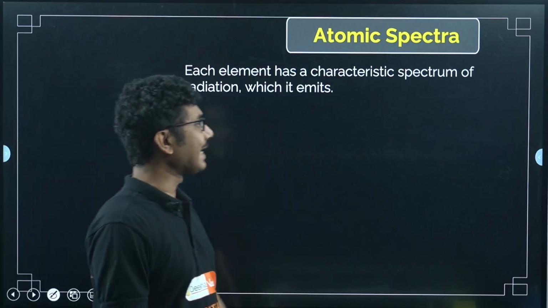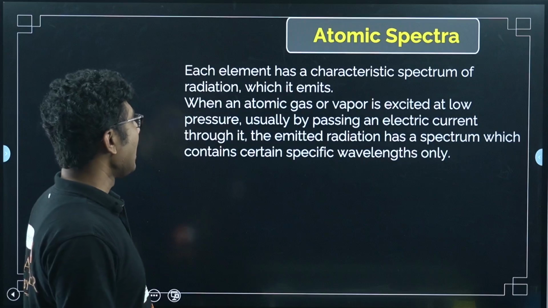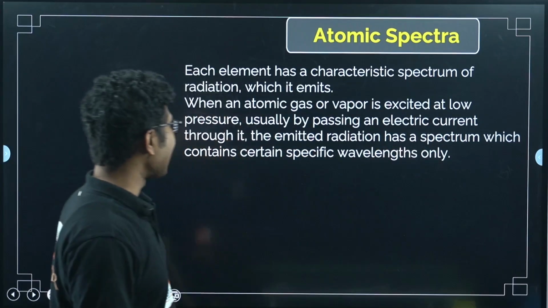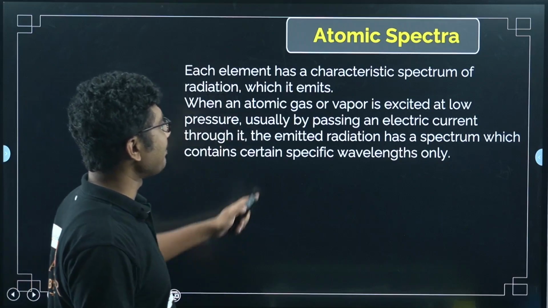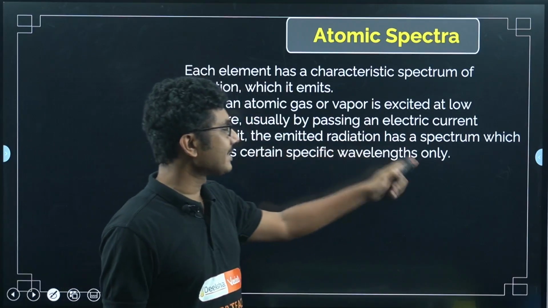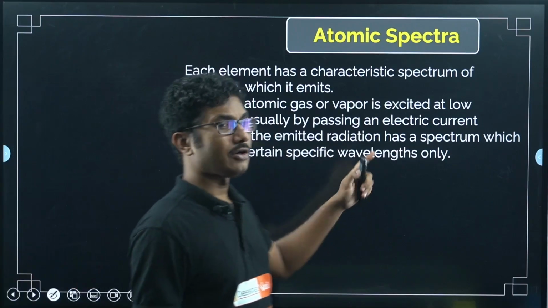Each element has a characteristic spectrum of radiation which it emits. When an atomic gas or vapor is excited at low pressure, usually by passing an electric current through it, the emitted radiation has a spectrum which contains certain specific wavelengths only.